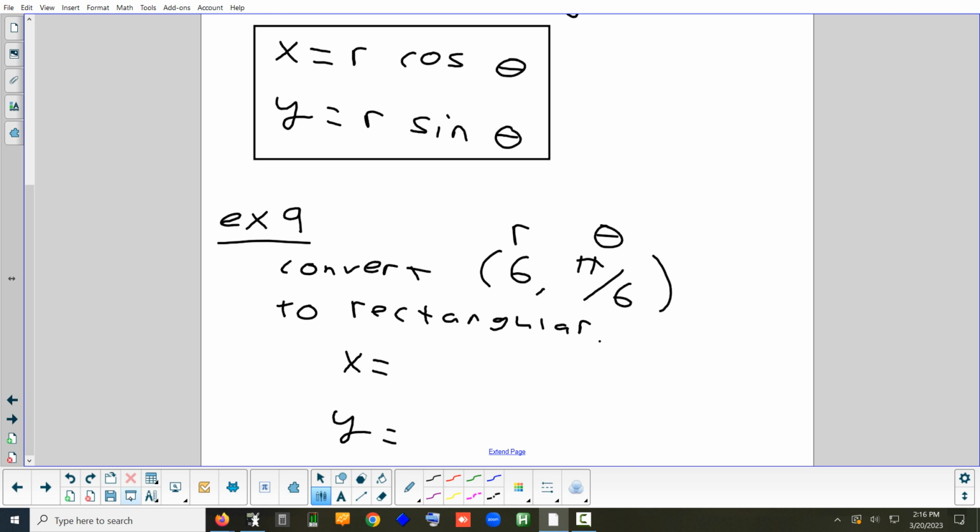So not looking for the final answer. We can use our calculator for that. I'm just looking at what would I type in on the calculator to get the x value for that polar coordinate.